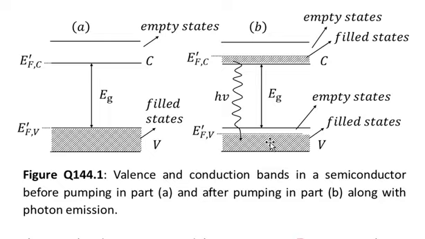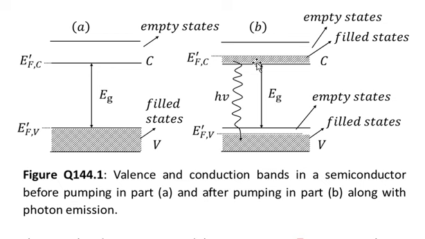Now you see that in part B, some of the electrons from the valence band have been moved to the conduction band through the pumping process. And of course, some holes are created in the valence band, and that's why the Fermi level has dropped down.